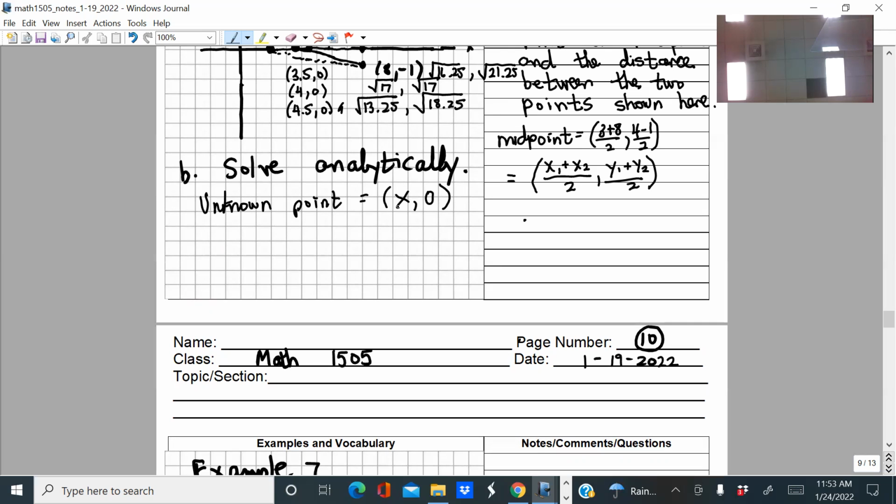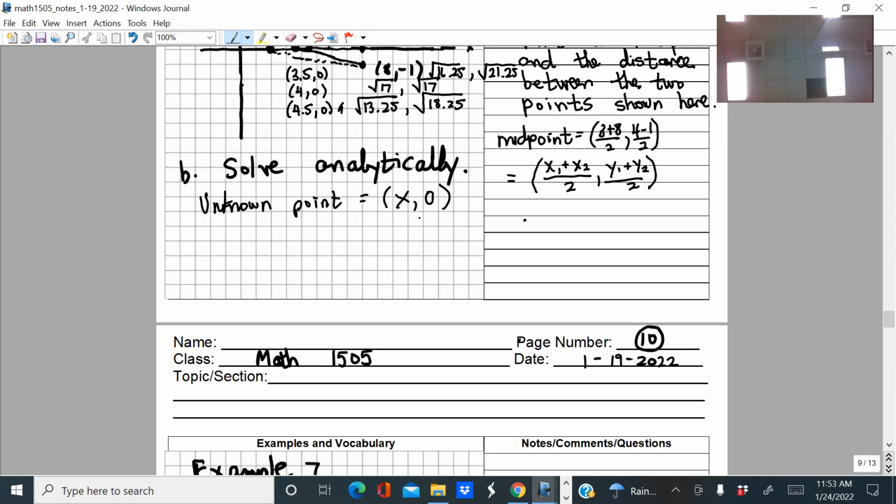If you want to call it something else like a or b or whatever you want, that's fine. We're going to pick a variable to represent that unknown x coordinate. Now we're going to do a little bit of algebra and geometry with this unknown point.